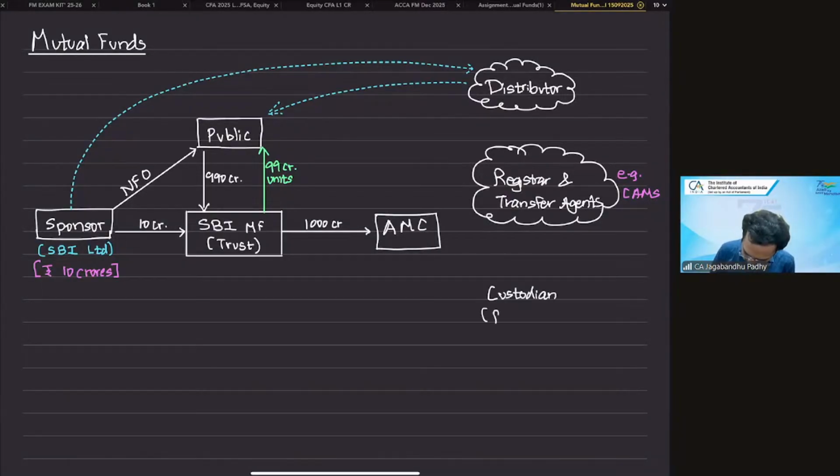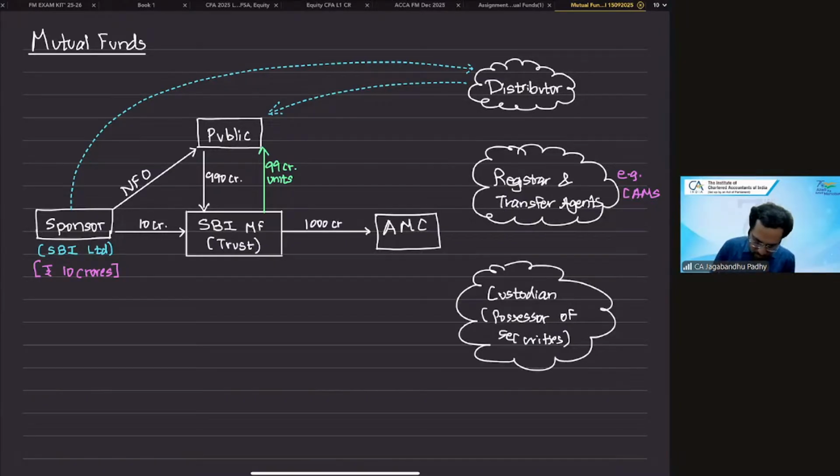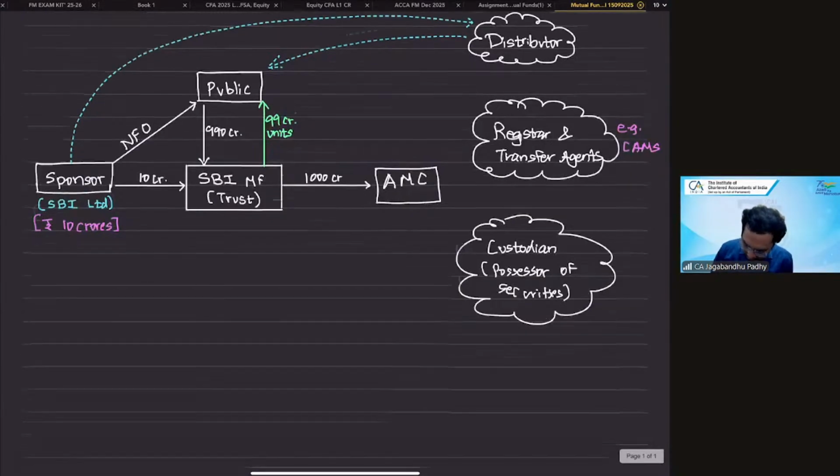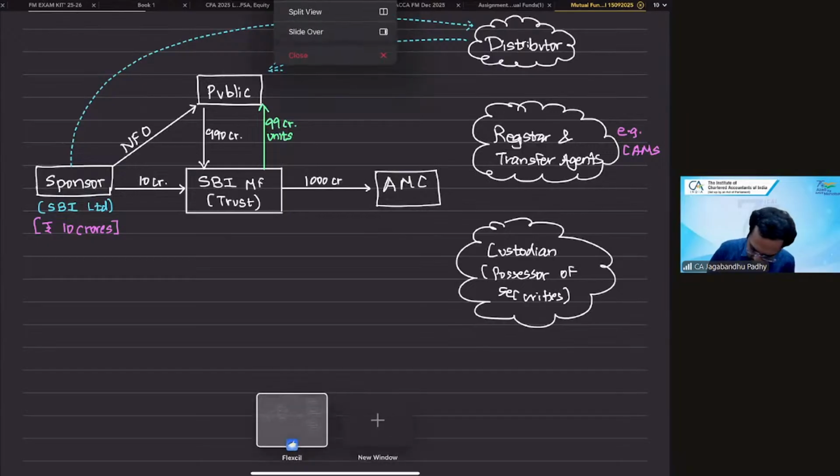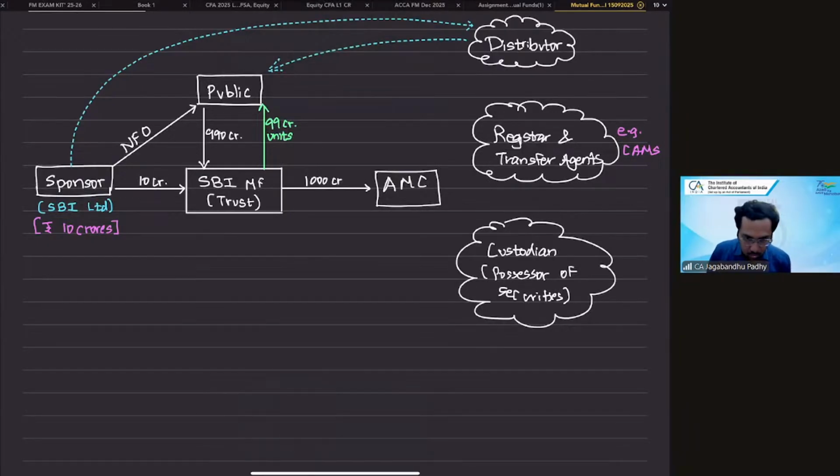A custodian means the person who is going to possess the securities, the possessor of the securities. So we may have, maybe, HDFC Bank. You'll appoint some other bank as a custodian.